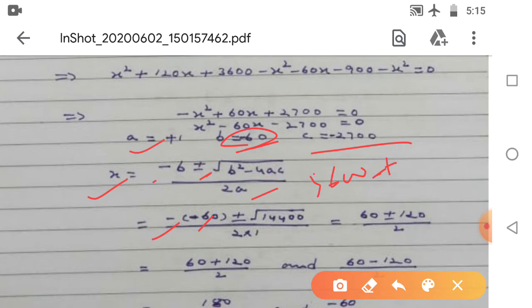Okay. And when you add these two, we get 14400. So, 4 into 2700 is this, 8, this is 0, this is also 0, and this is 10800, and when you add these two, we get 14,400, and the square root of 14,400 is 120.